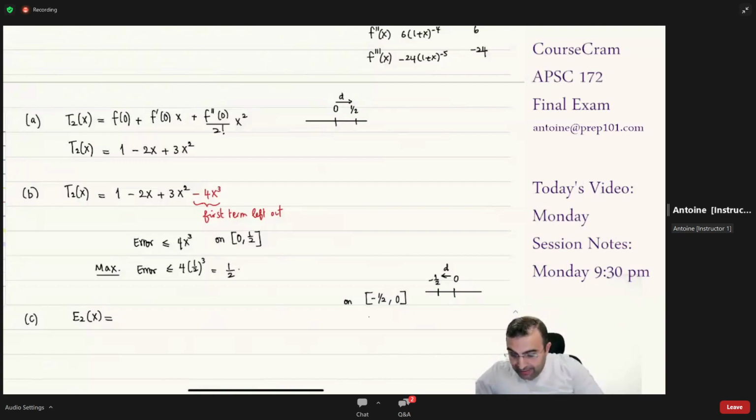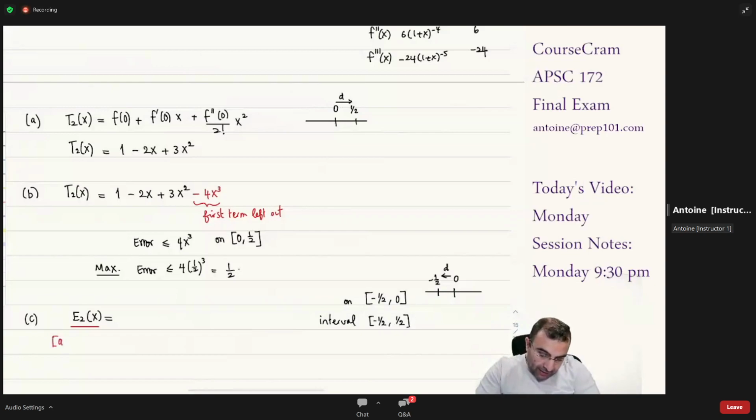So technically the interval is from minus a half to a half. So technically the interval that we're working on is a minus d and a plus d. Remember that this Taylor polynomial error is an error on a minus d and a plus d.